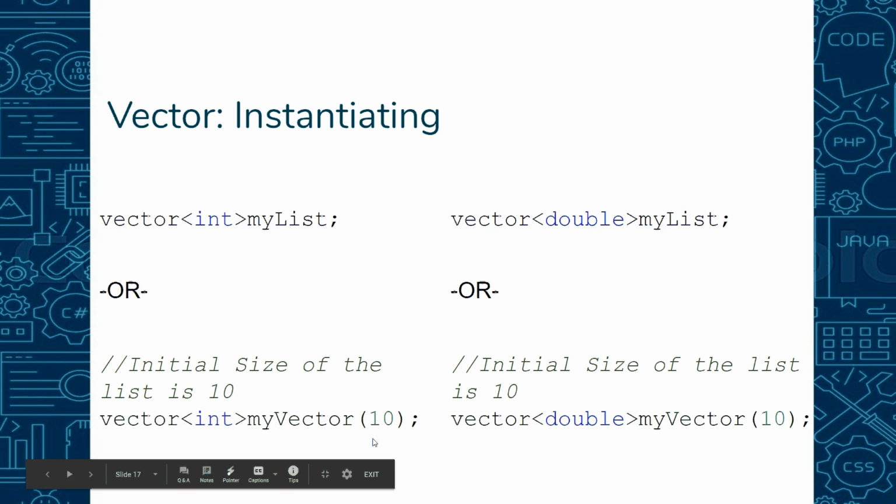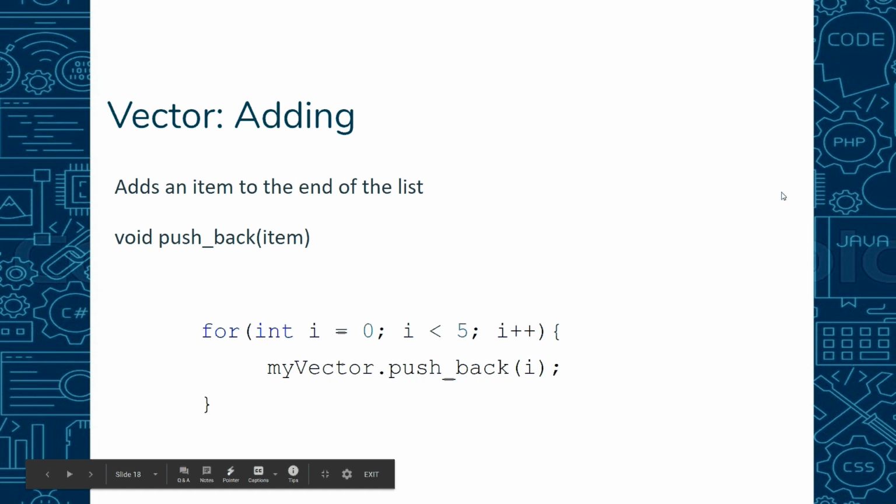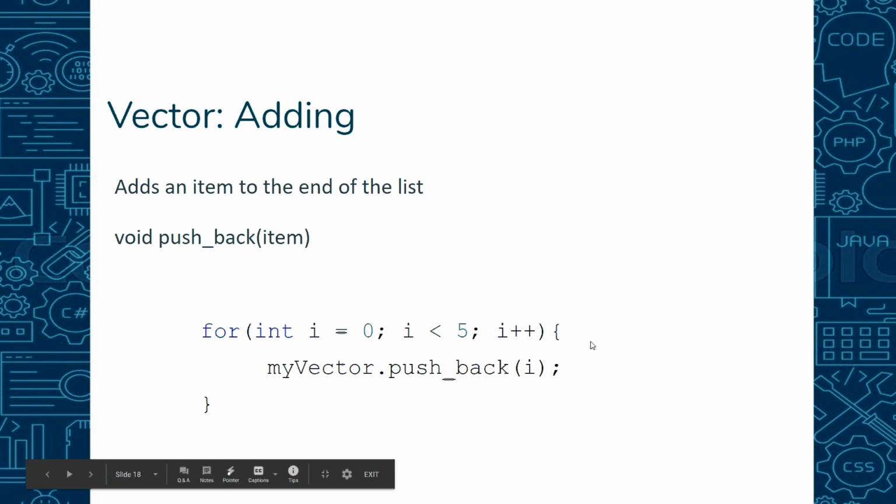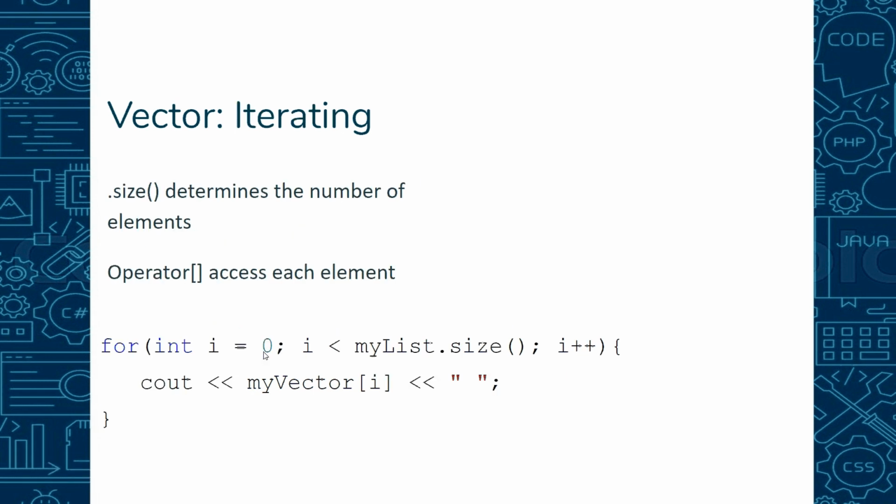In this, you can specify the size, the initial size, and as you add items, it will change the size of the vector. So here it's adding i to the vector, so it's adding all the values 0, 1, 2, 3, 4, 5 using this push back.